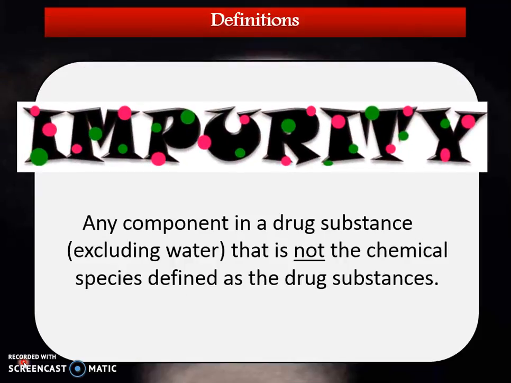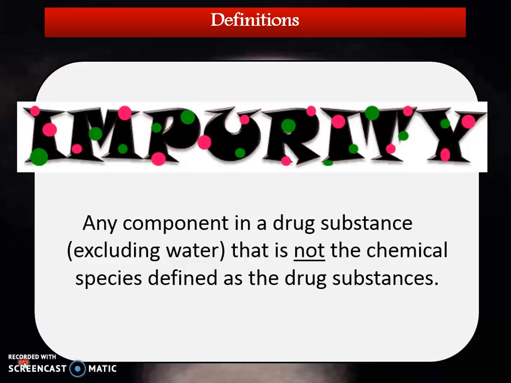Impurity is any component in a drug substance that is not the chemical species defined as the drug substance. Meaning, if it's unwanted in our drug substance, it is considered an impurity.